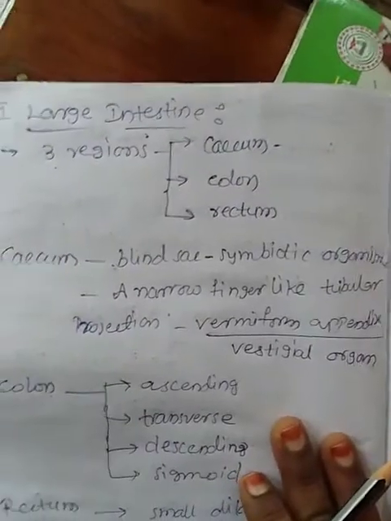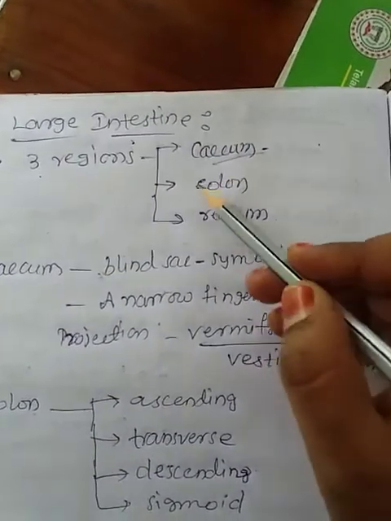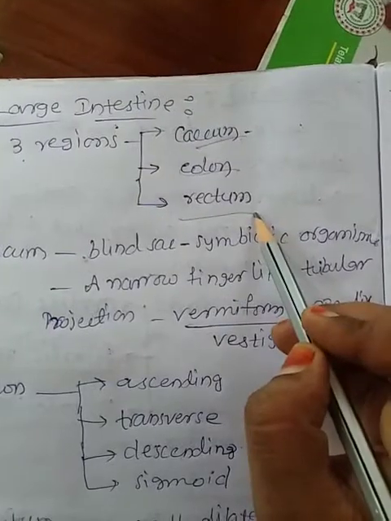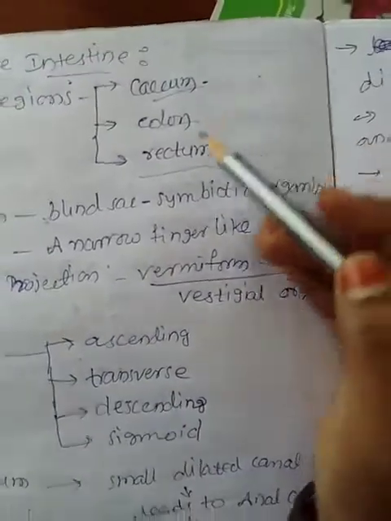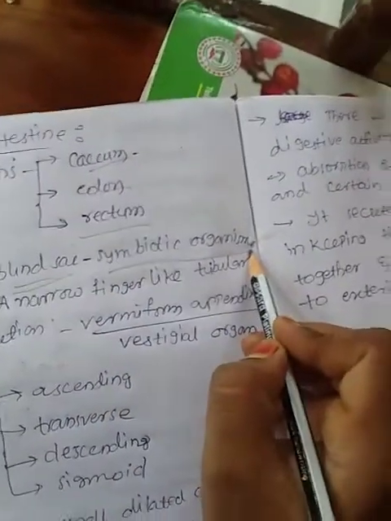Next, large intestine. Small intestine opens into the large intestine, or ileum leads into the large intestine. Large intestine also has three parts: cecum, colon, rectum. Cecum has a blind sac. In this blind sac there are symbiotic organisms.